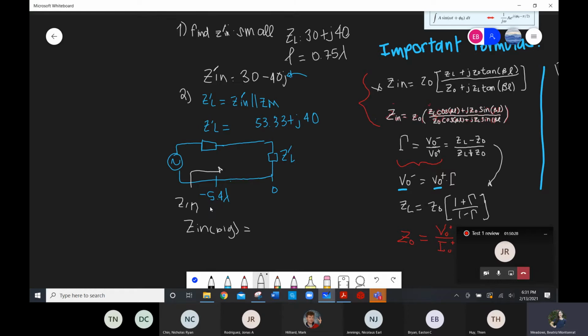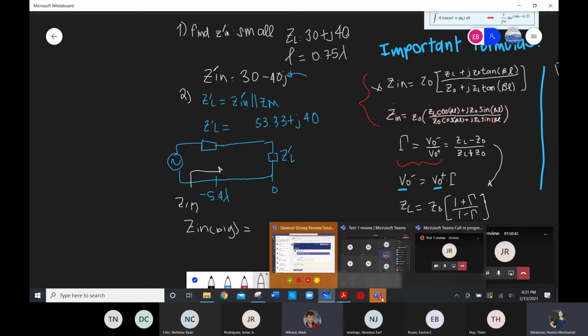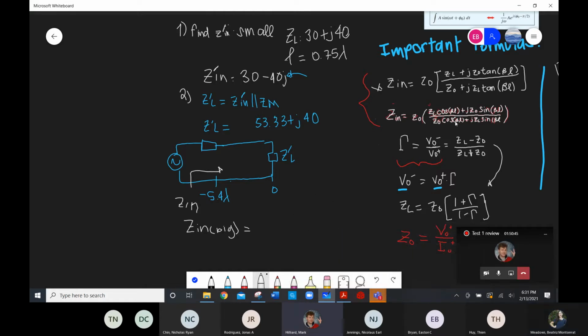Pro tip: if you want to use the tangent formula, but if you just want to be safe for the rest of your life and use cosine, go for it. Okay, and the ZL prime is the new Z0, right? Yeah, which is the one we found here.